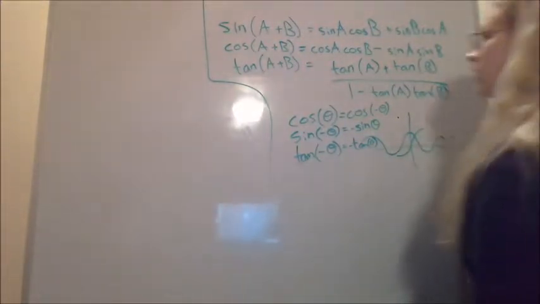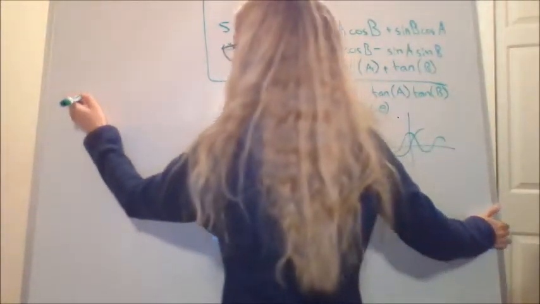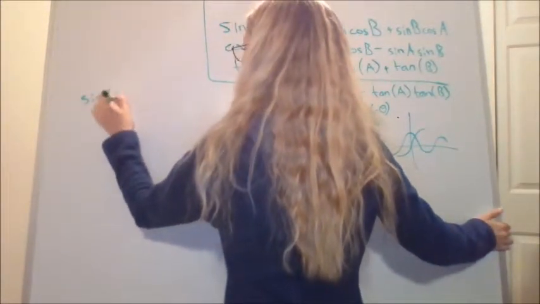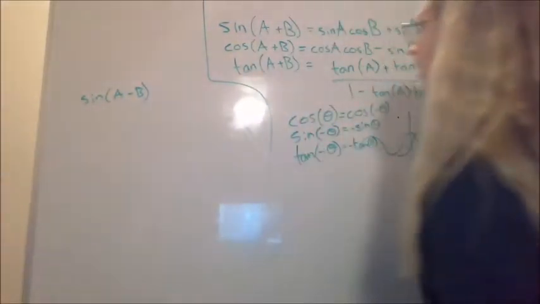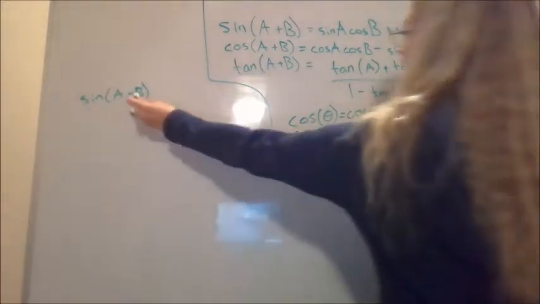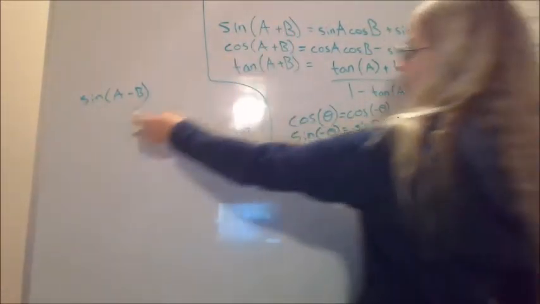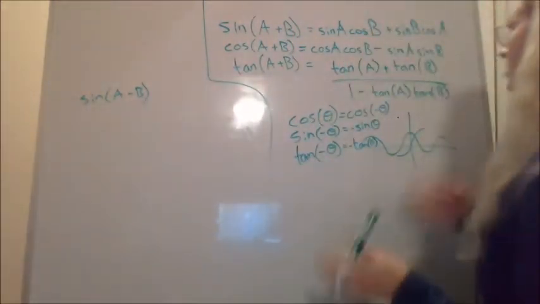We'll start with sine, and we're going to take the sine of A minus B, and instead of B here, we're going to substitute in a negative B and see what happens.